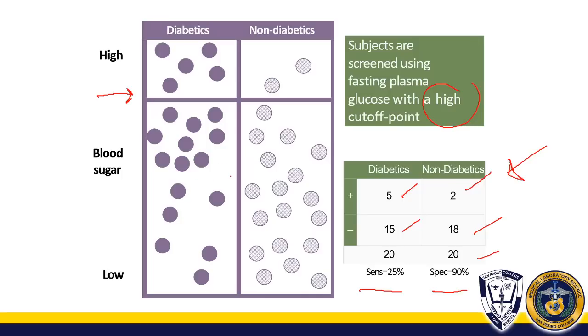Since specificity is 90%, it is good because it is high, whereas sensitivity is very low, only 25%. So what happens if we have a high cutoff value that gives a low sensitivity and high specificity? There will be more false negatives, since most of the diabetics will not be detected.